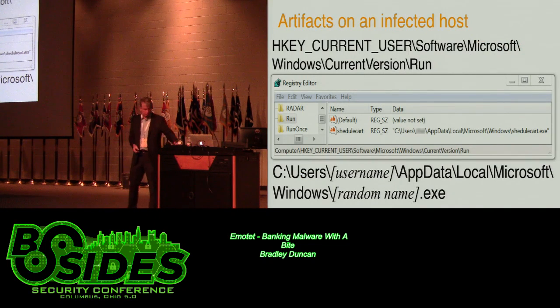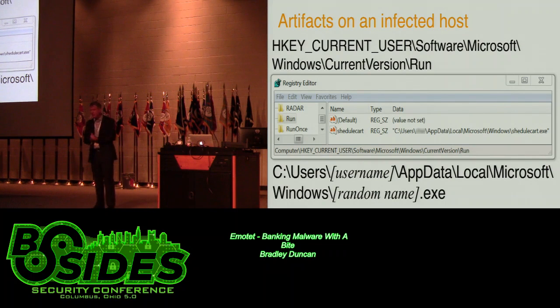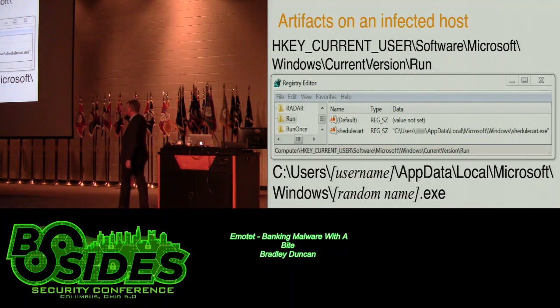With Emotet, it's relatively simple. A lot of malware samples I see, in order to stage their system, will use the Windows registry, not all of them, but a great deal of them. I've got this memorized by heart: HKCU, HKEY_CURRENT_USER, Software, Microsoft, Windows, CurrentVersion, Run.